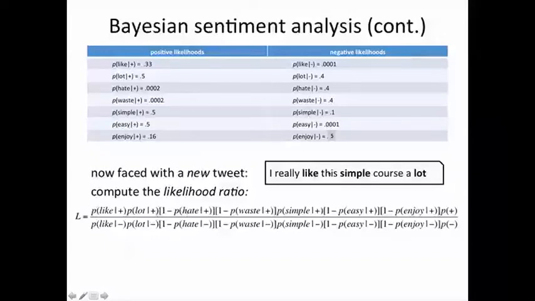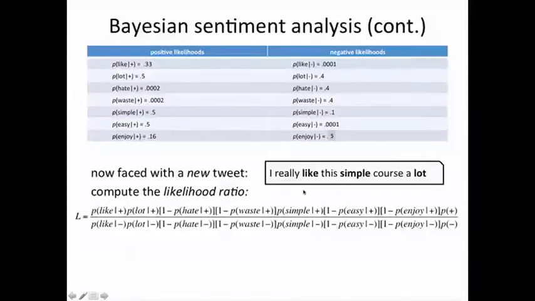And for hate, which does not occur, we compute the probability that hate does not occur, given that the sentiment is positive, by taking 1 minus the likelihood ratio. Clearly the hate can be there or not there, so if it's not there, the probability of not hate given positive is 1 minus the probability of hate given positive.